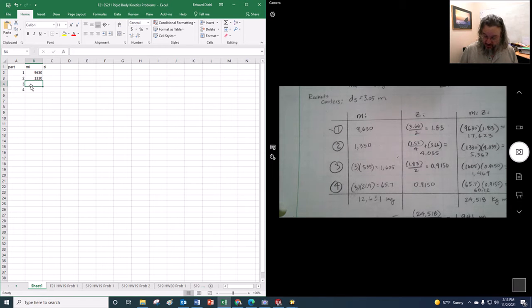For this one, we had to set equals and go 3 times our 535, and then here we had to set equal 3 times our 60, our 21.9. Cool. And then here we did 3.66 divided by 2, right?